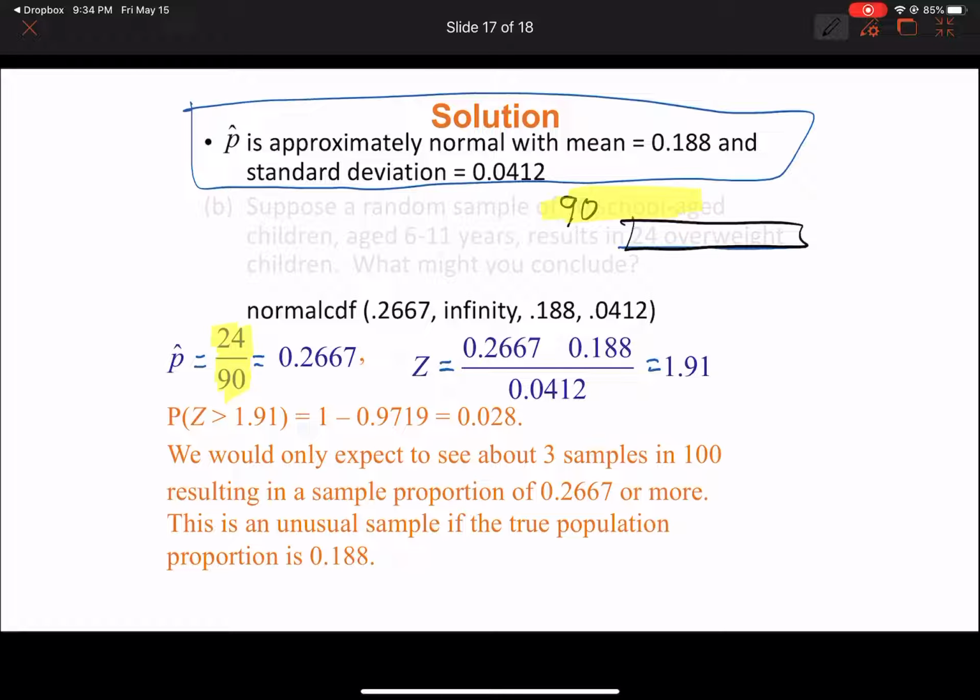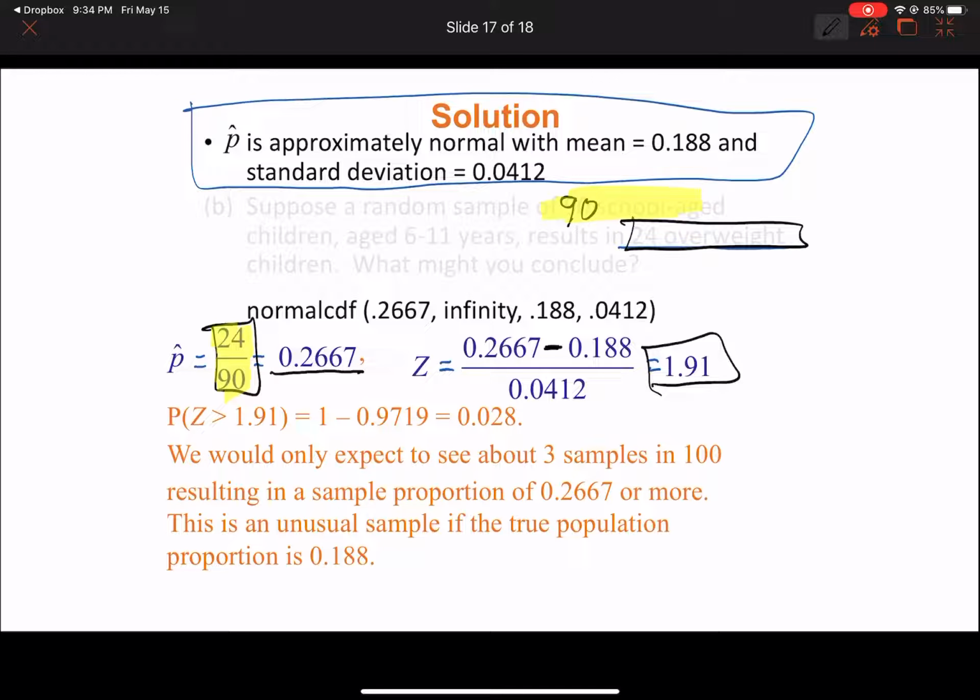So I'm taking my p hat, which is 0.2667. I can use this to find my z-score of 1.91, and I can find the probability that z is greater than 1.91.